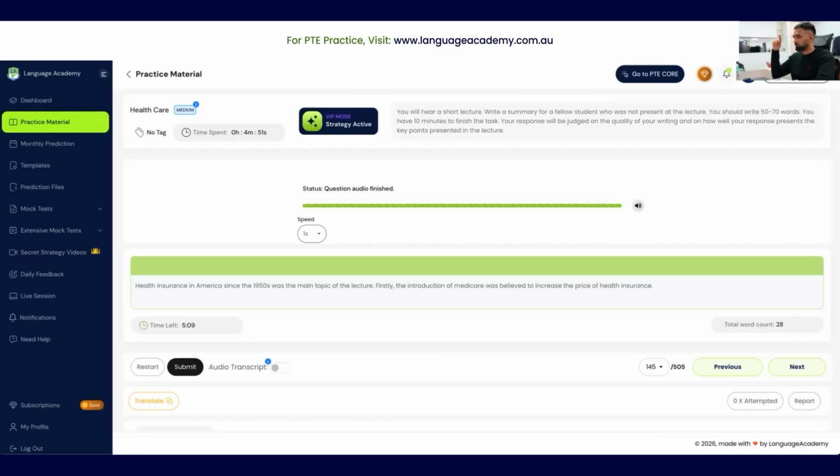I'm not really sure if Congress will be capitalized or not, so I'll not write it. Firstly, the introduction of Medicare was believed to increase the price of health insurance, which would have resulted in treasuries bankruptcy, if I'm not wrong. Bankruptcy. Okay.